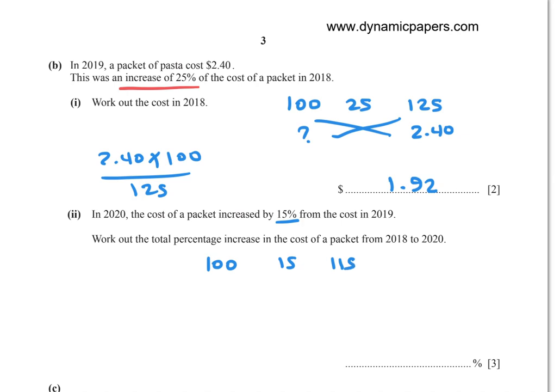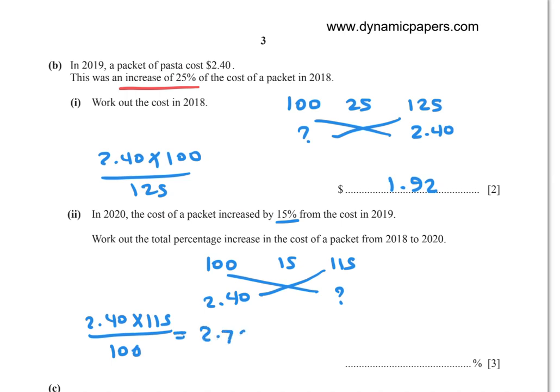So in 2019, 2.40. So we need to find in 2020. So cross multiply, 2.40 times 115 divided by 100 equals 2.76. This is in 2020.